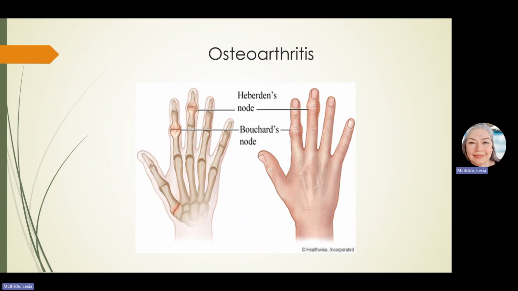Osteoarthritis also has two defining conditions called Heberden's nodes and Bouchard's nodes. Heberden's nodes are small bony growths that appear on the joints closest to the tip of your finger, so that's the distal area of your finger, whereas Bouchard's nodes are most likely seen in the middle joints, the ones closest to your knuckle.